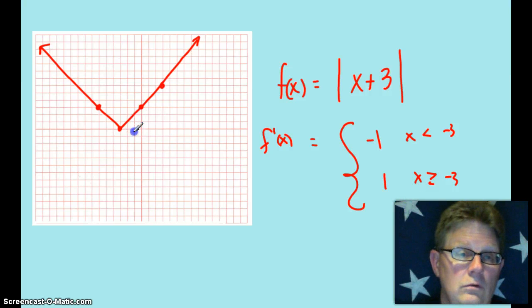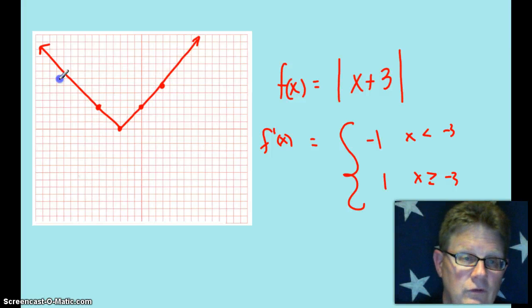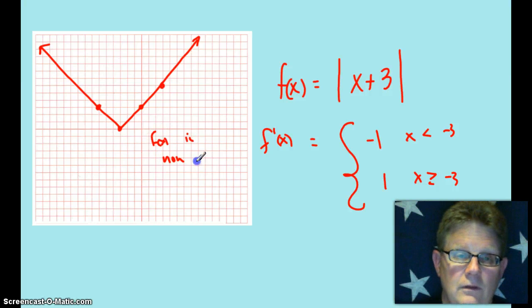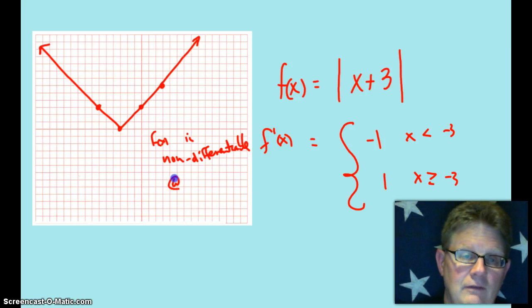Alright, so it's obvious to see that f is continuous. There's no break in the graph, but it is non-differentiable. F of x is non-differentiable at x equals -3, because the slopes change.